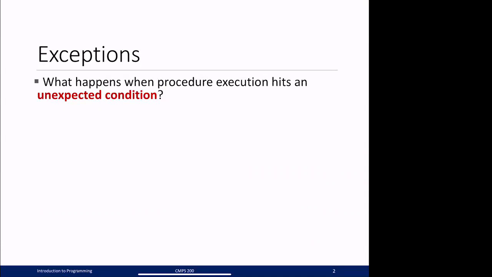That's what I mean by an unexpected condition. Something goes wrong in your code because of certain assumptions that you make that do not hold as the program is being executed. So what we get in that case is what is called an exception, to what was expected, to my assumptions.